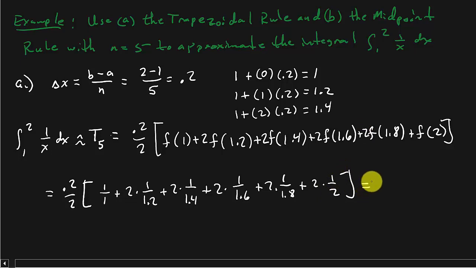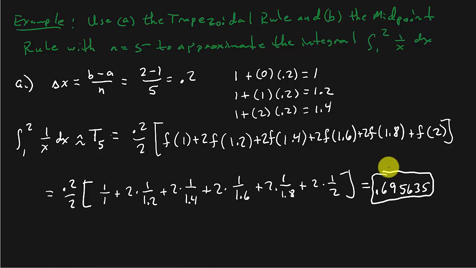When we punch all that into our calculator, we end up with 0.695635, and there's your approximate answer.